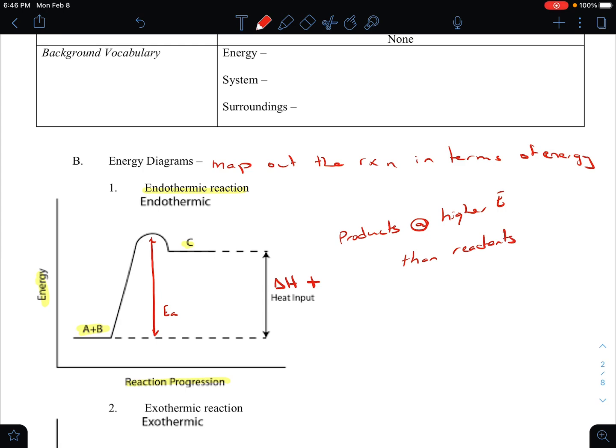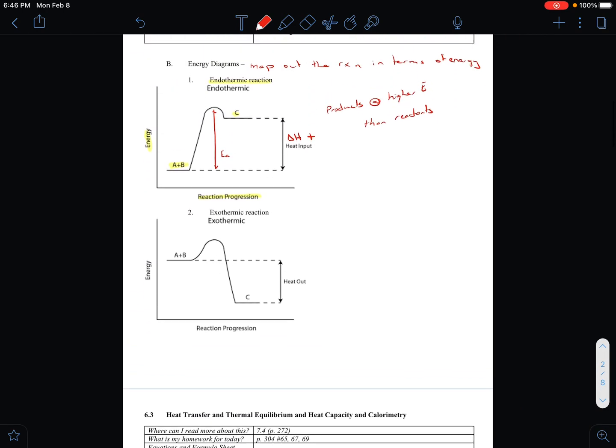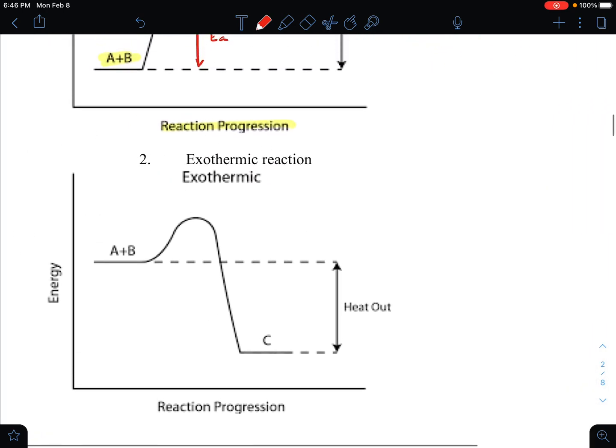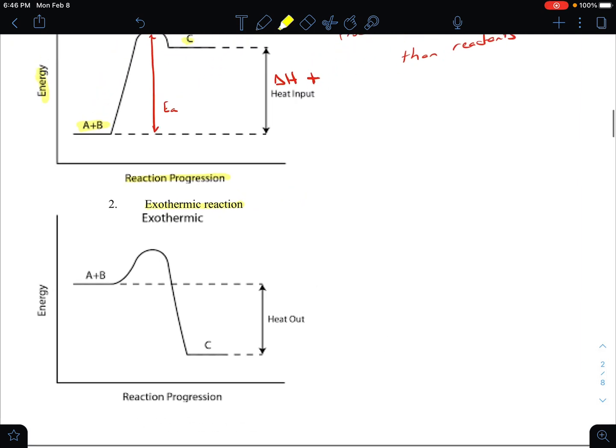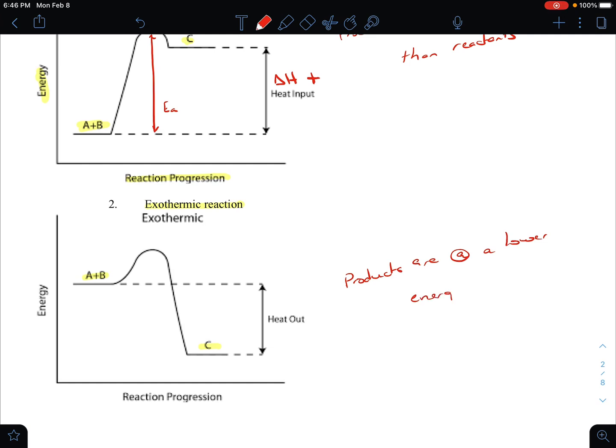Let's take a peek at an exothermic reaction and compare and contrast. Notice how here our products are at a lower energy than our reactants.